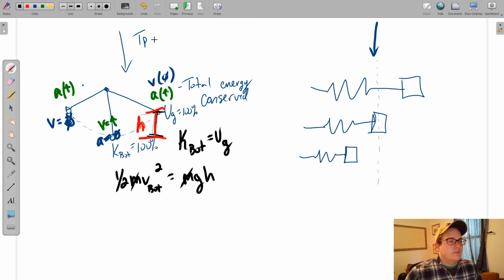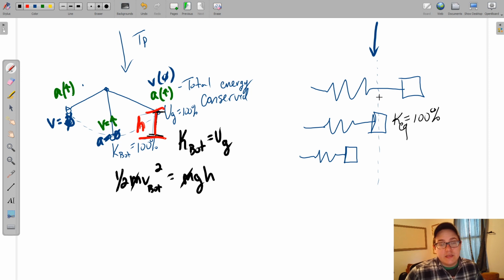Okay. What do we know about the potential energies and the kinetic energies? Well, similar to the pendulum, at equilibrium we know our kinetic energy is going to be 100% of your mechanical energy. All of your energy from potential is going to go to kinetic. But we just say this is at equilibrium and not necessarily at the bottom.